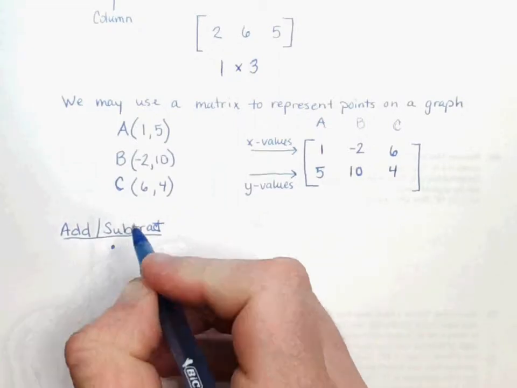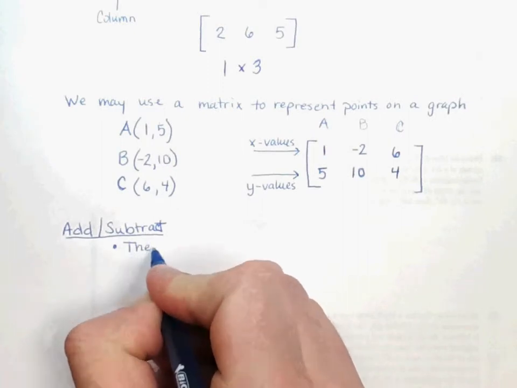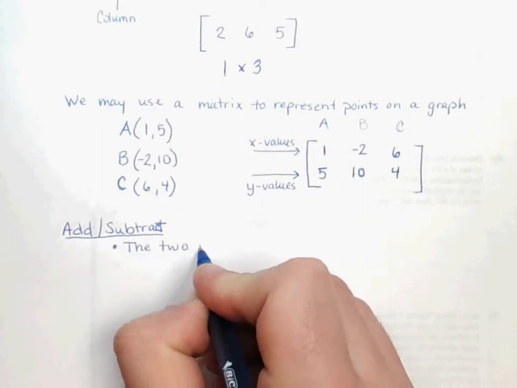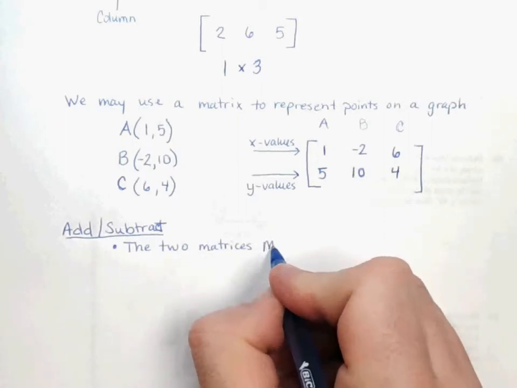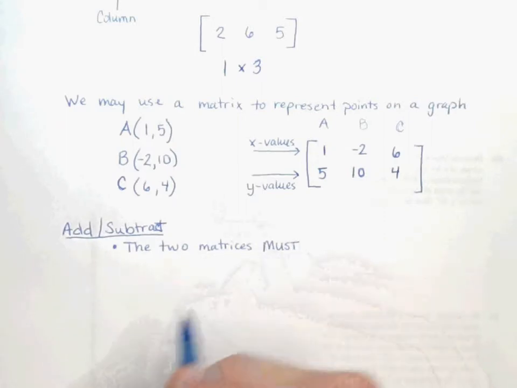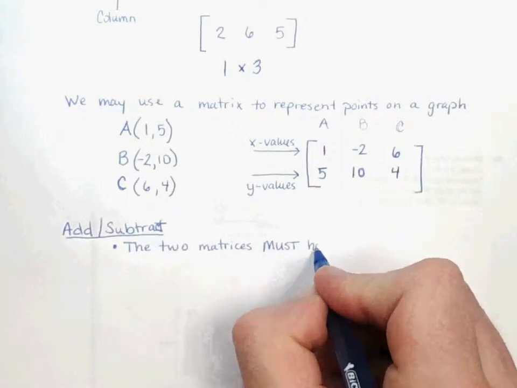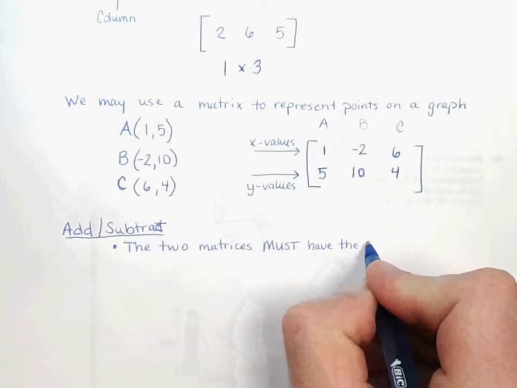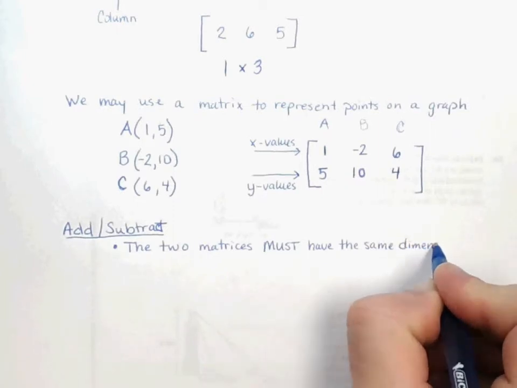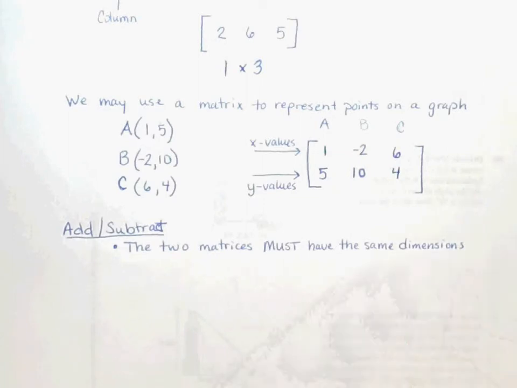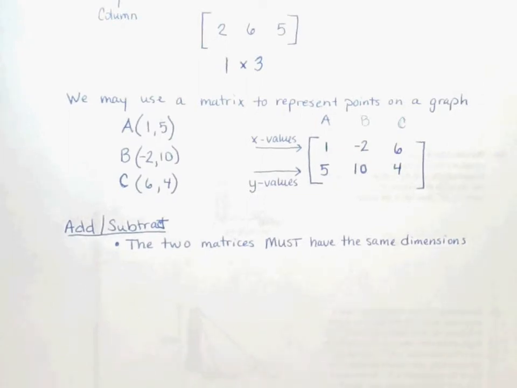Here's our one rule: the two matrices must have the same dimensions.